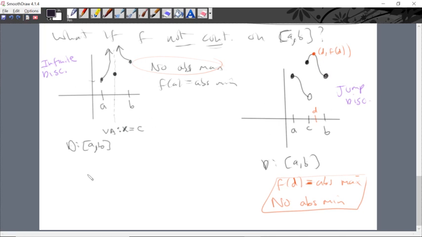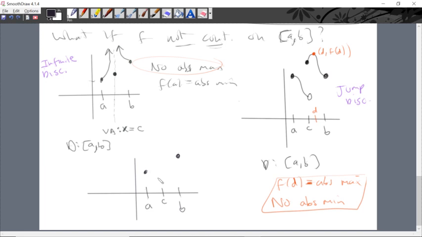Infinite, jump, removable. Okay, let's construct a function that has a removable discontinuity but is still defined on the closed interval A to B. So here's A, f of A, and over here, let's say I have B, f of B, but let's put a removable discontinuity in there at C. Something like this.